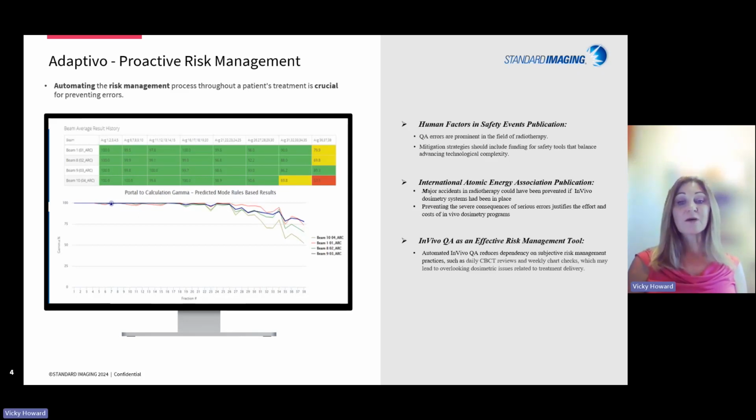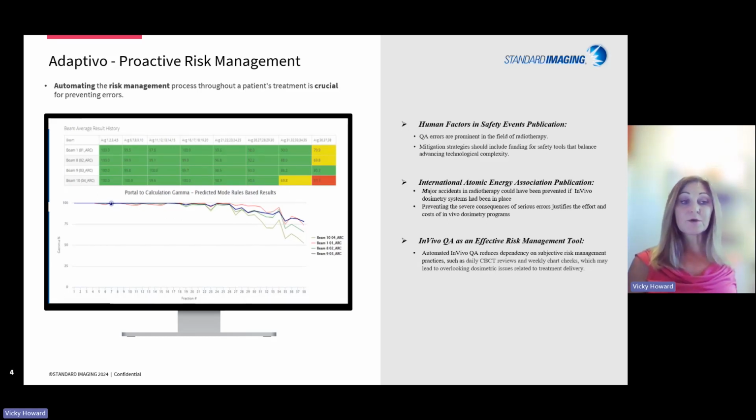The International Atomic Energy Association has also published a report stating that the use of in vivo dosimetry systems could have prevented a series of serious accidents in radiation therapy. The report also highlights that the cost of implementing in vivo dosimetry programs is justified by the prevention of severe consequences resulting from such errors.